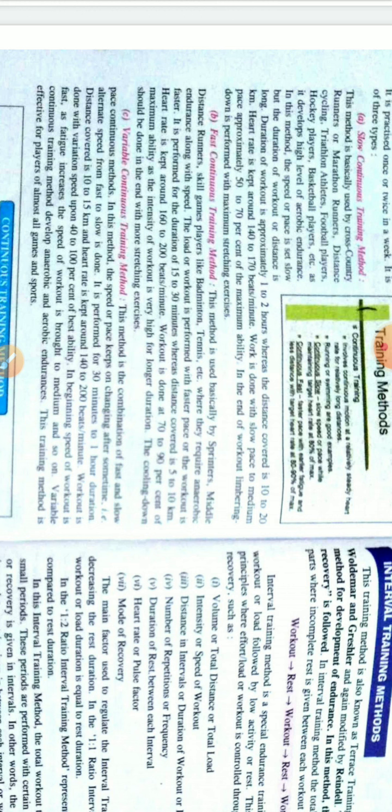In this training method, we do the training for approximately 1 to 2 hours, whereas the distance covered is approximately 10 to 20 kilometers, and our heart rate should be kept 140 to 170 beats per minute, and work is done with slow to medium speed, approximately 50 to 70% of maximum ability.